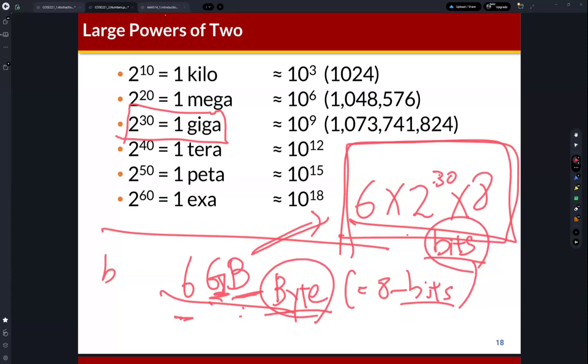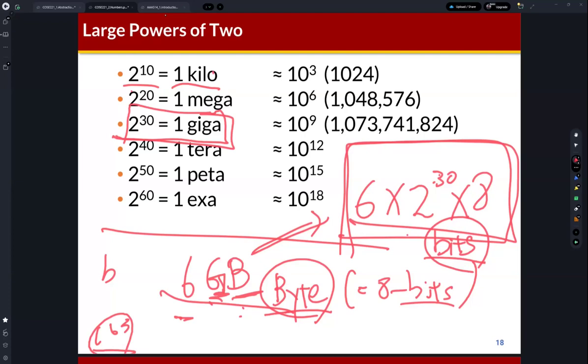So we frequently use giga, kilo, mega for representing very large binary numbers. Now what is kilo? It's 2 to the power of 10. Why? What is kilo in decimal? Kilo is 1,000, so 10 to the power of 3. But in the binary number system, kilo is 2 to the power of 10.